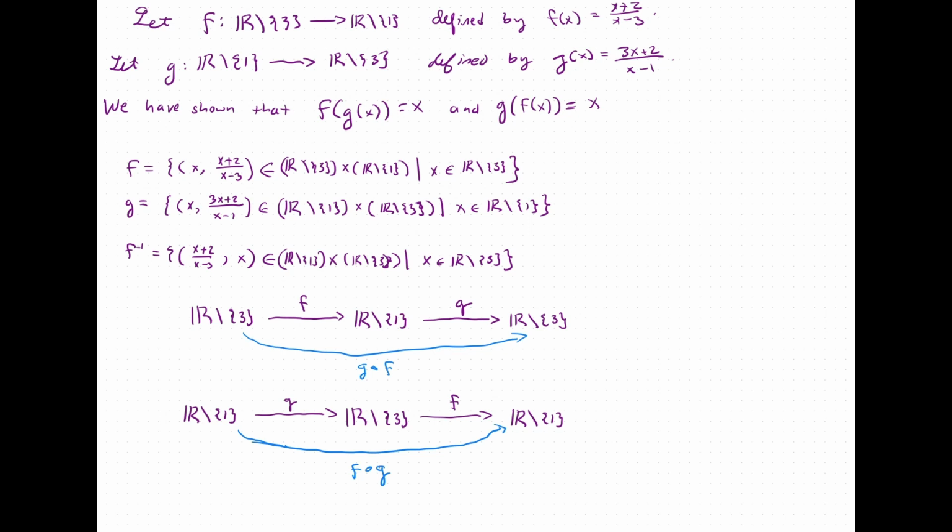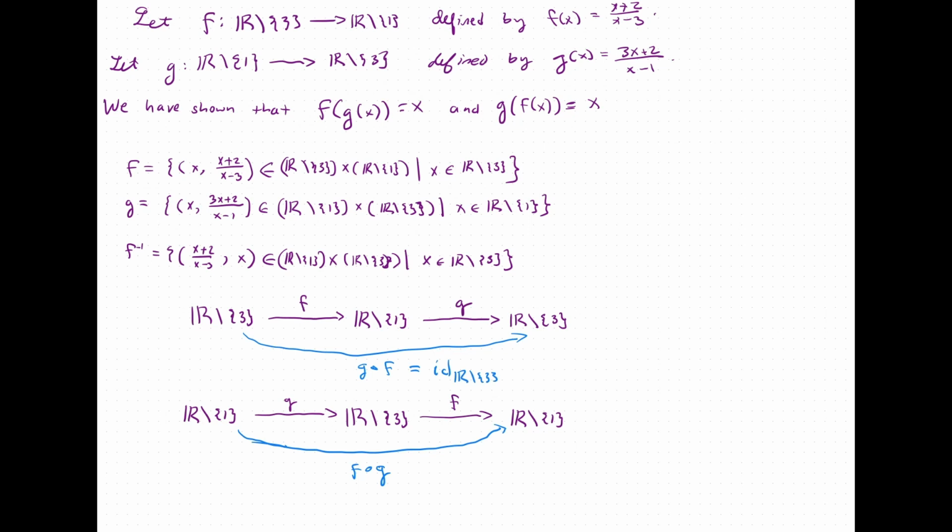But what does it mean that we're getting back x for both of these? Well, that's the identity relation, but the identity relation on the domain. So what we have by what we just did earlier is that g composed f is equal to the identity relation on the real numbers minus 3.